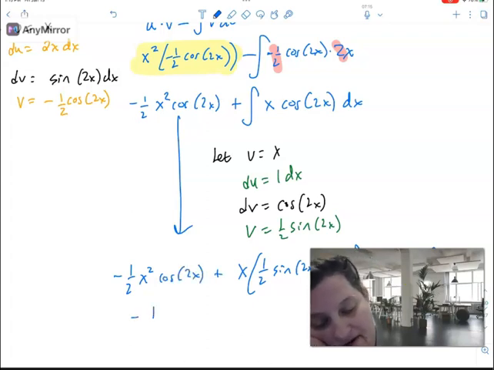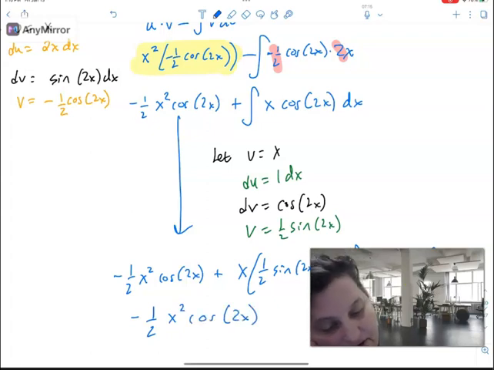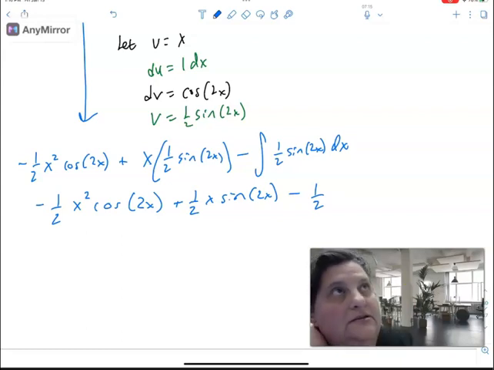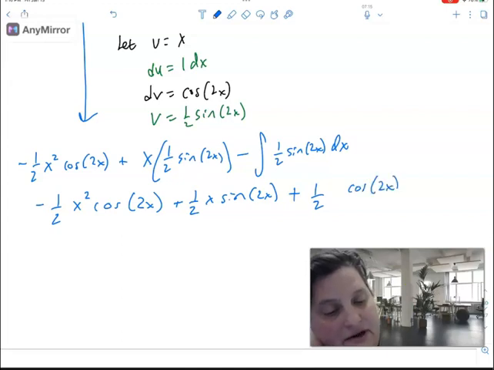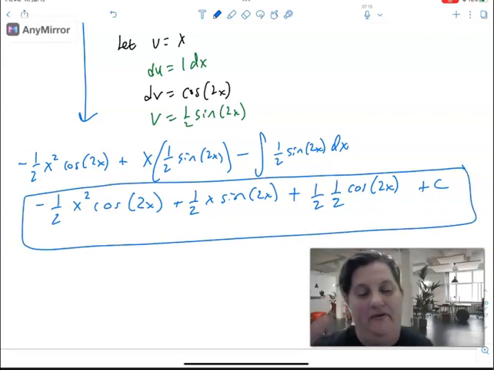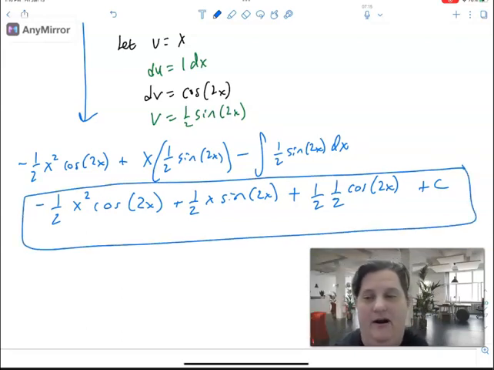Okay, so my final answer is negative 1/2 x squared cosine 2x plus 1/2 x sine 2x minus, okay, I've got 1/2. The integral of sine is negative cosine, so that'll be plus cosine, another 1/2, plus the last one can go like a fourth. There you go, all right?